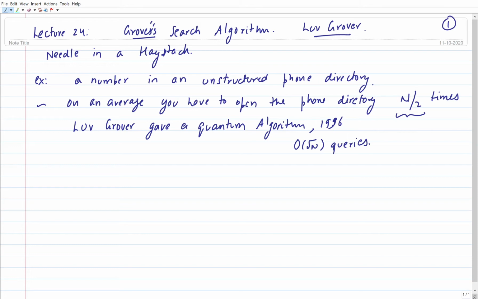As an example, let's say you have 80 Boolean variables. That means you have 2 to the power of 80 options, with, let's say, one correct answer.